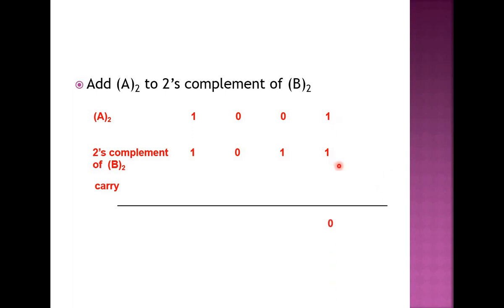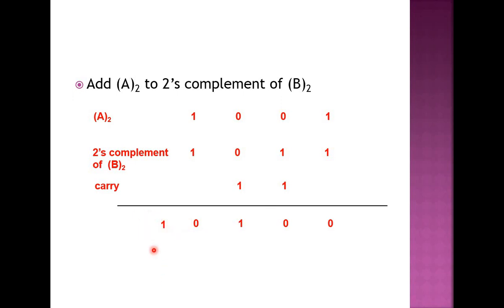1 plus 1 becomes 0 with carry 1. So we put the carry here. Again 0 plus 1 becomes 1, and 1 plus 1 becomes 0 with carry 1. So we put the carry here. Again 0 plus 0 becomes 0, and 0 plus 1 becomes 1. Again 1 plus 1 becomes 0, and we write the carry here as 1.